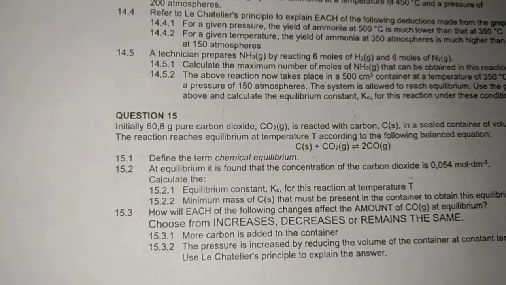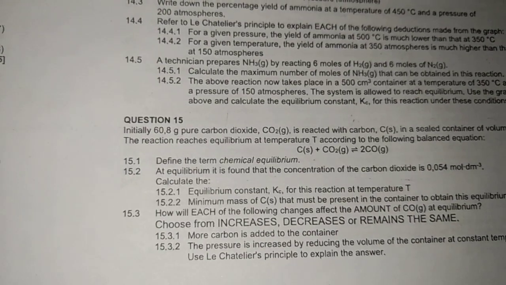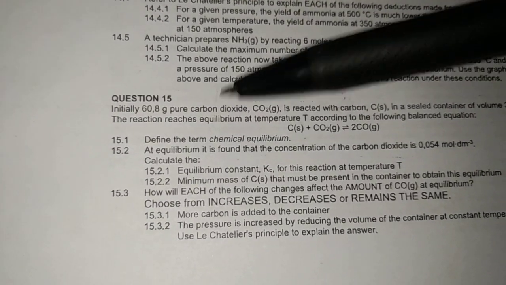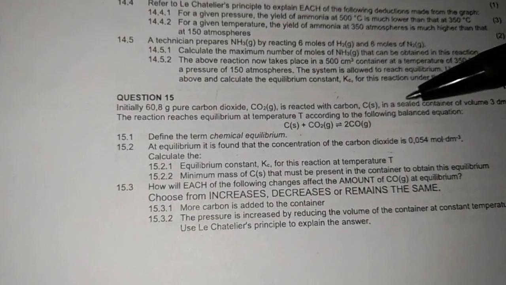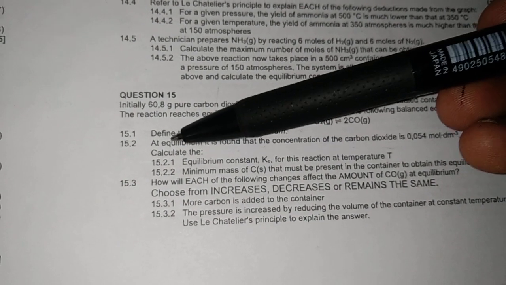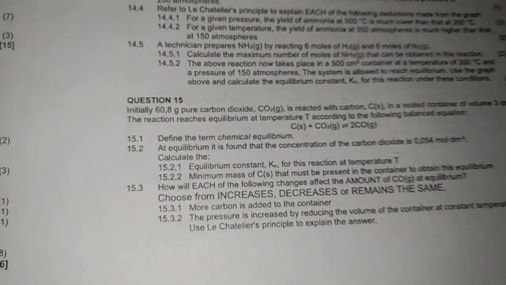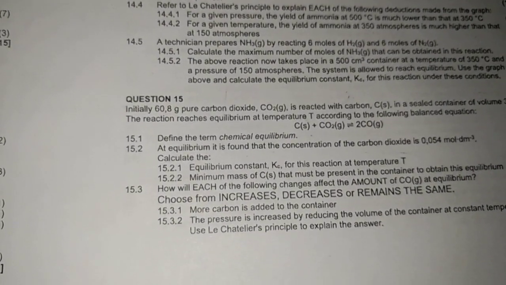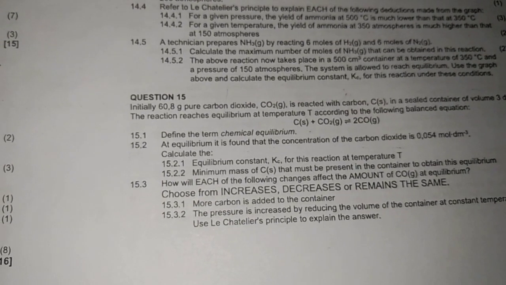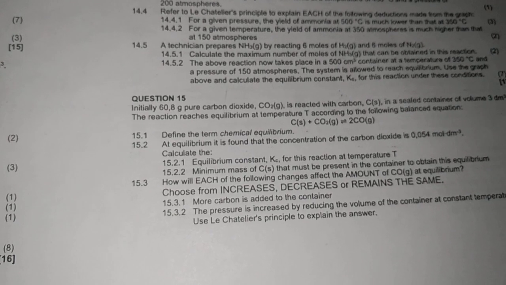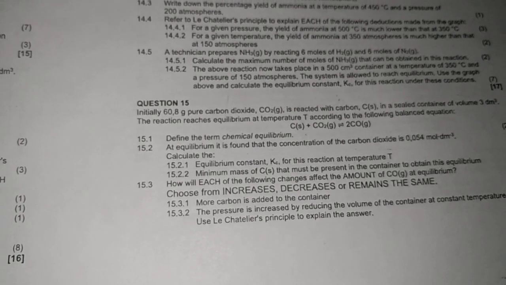Now we have the volume which is equal to 3 dm3. Now let's go ahead. It says the reaction reaches equilibrium. Now we jump over there. It says at equilibrium it is found out that the concentration of carbon dioxide is 0,054 mole per dm3. Now this is our concentration for carbon dioxide at equilibrium.